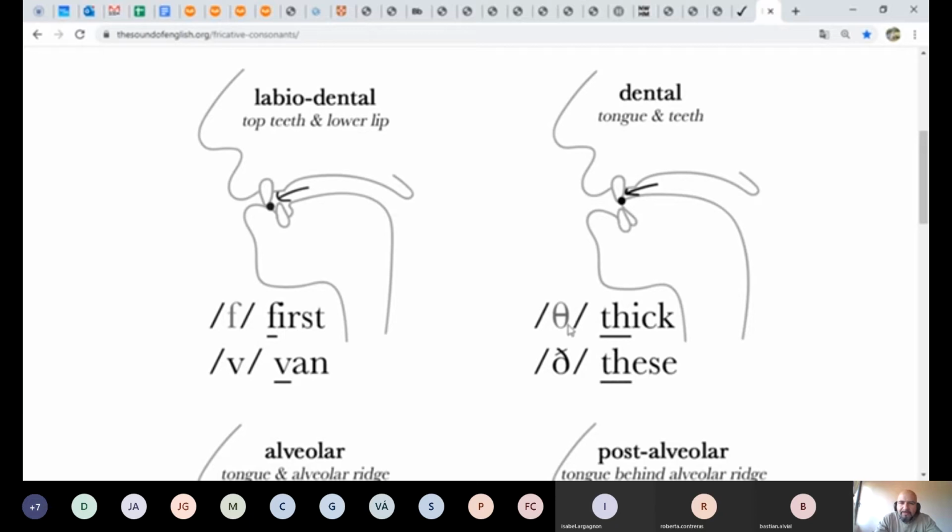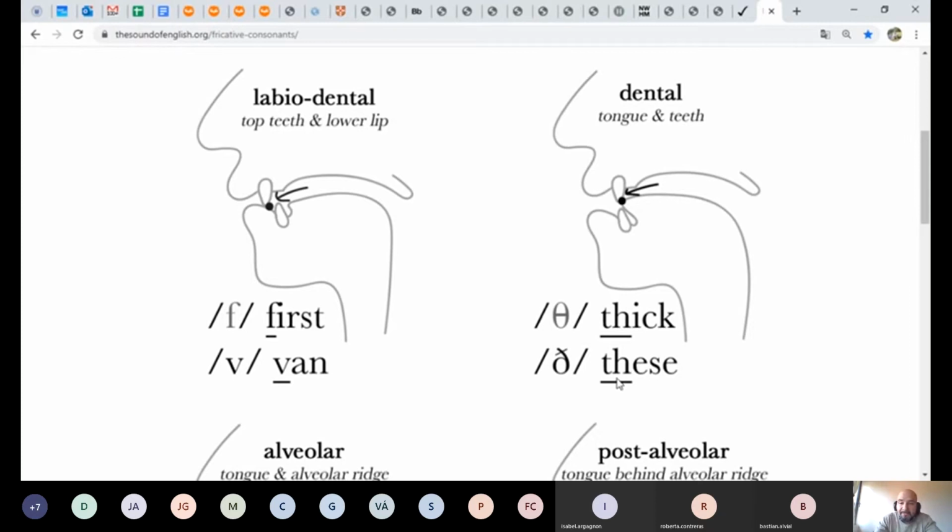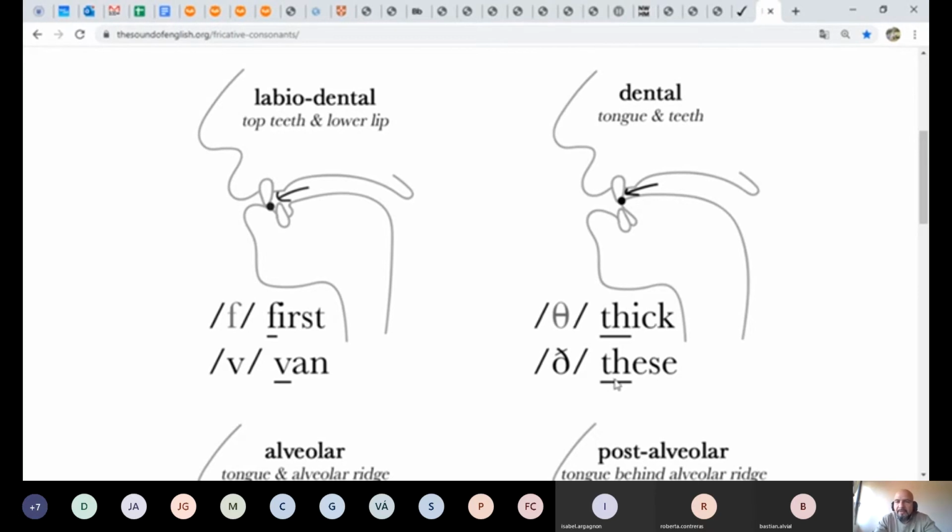Other examples of the first one are thought, think, thanks, thank you, thin. And for the second one, you have other examples like the boy, the girl, the house, then, like I went to the store, and then I came back home.